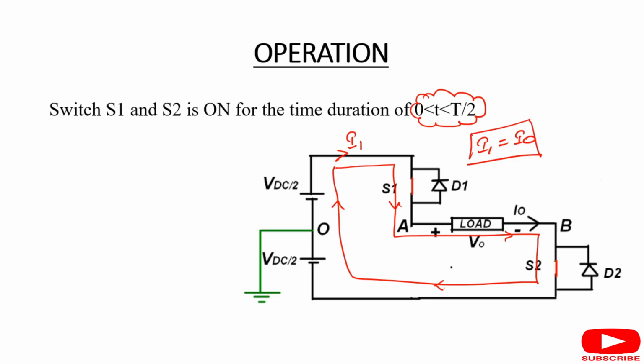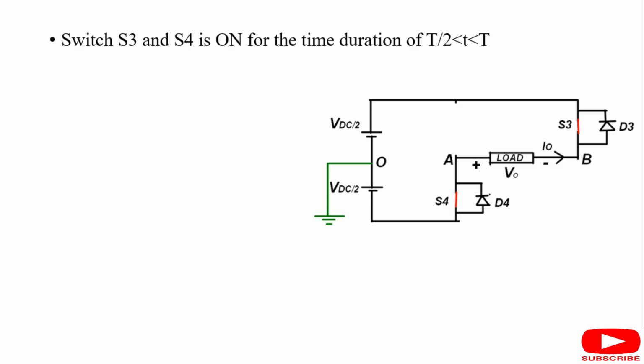In a similar manner, when we talk about the switching current of S3 and S4, if I2 current flows from the supply side, that will flow in the opposite direction of the output current. So the supply current and output current both will follow the path in opposite directions.